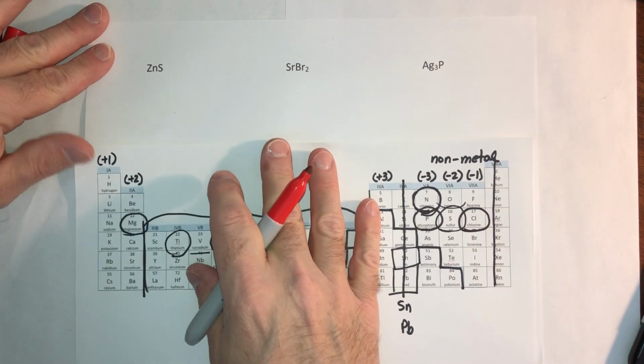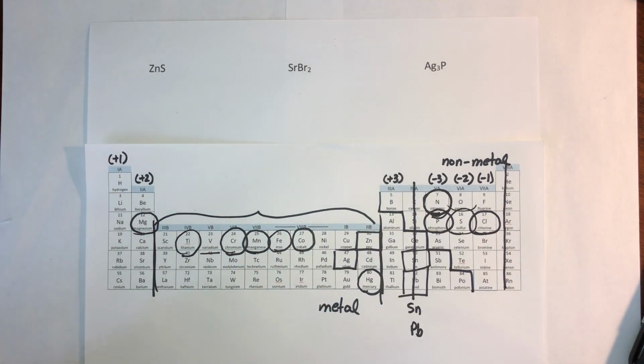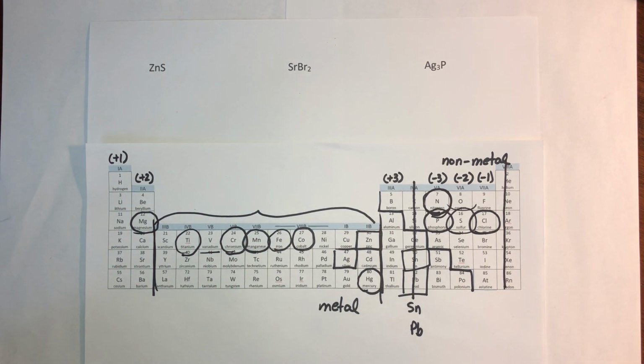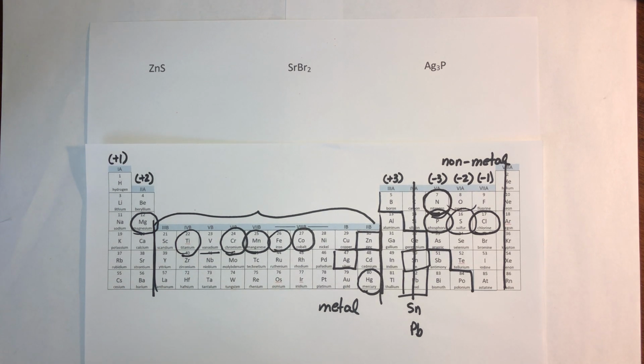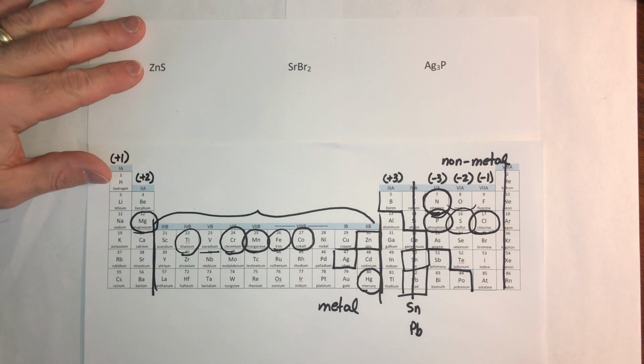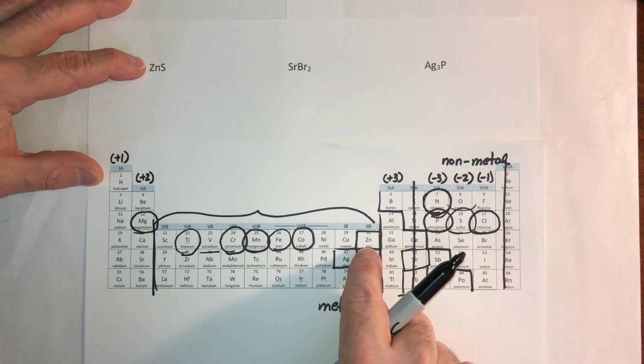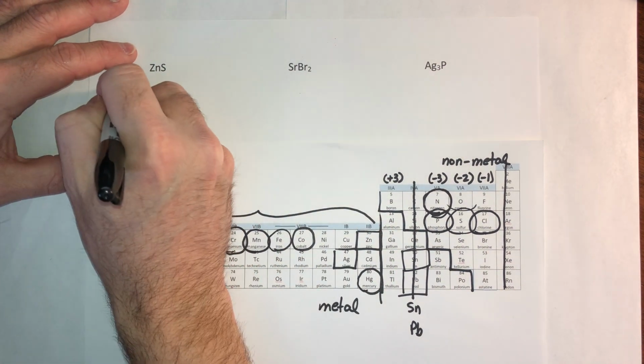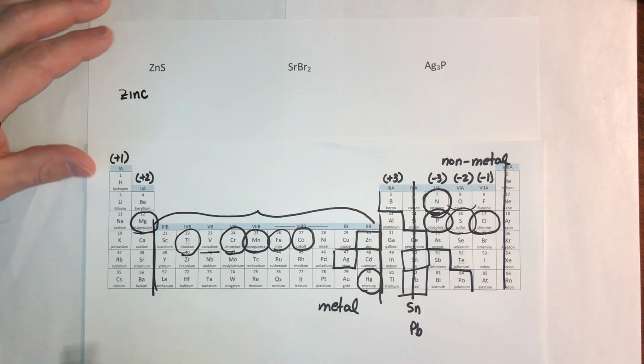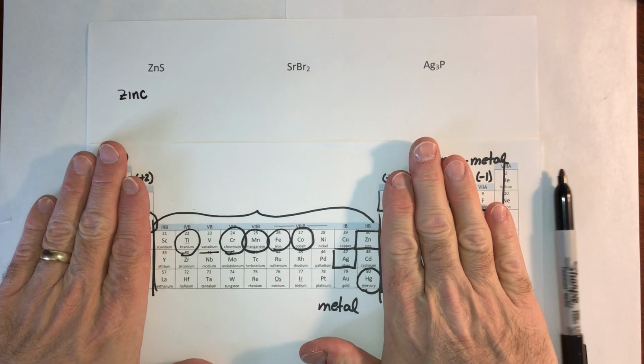All right, let's take one more minute and look at a couple more. The question I wanted to address here was, do you need Roman numerals or not? Because the last 6 examples all required them. So if I was going to do this, Zn, if I go looking for Zn, it is right here. That is zinc. Zinc is a transition metal.